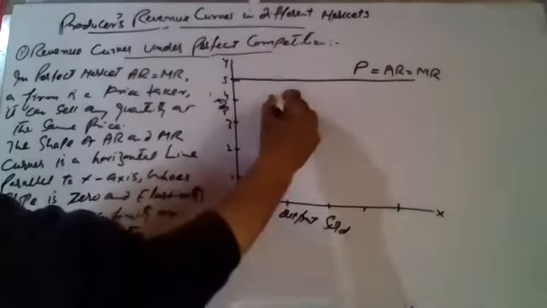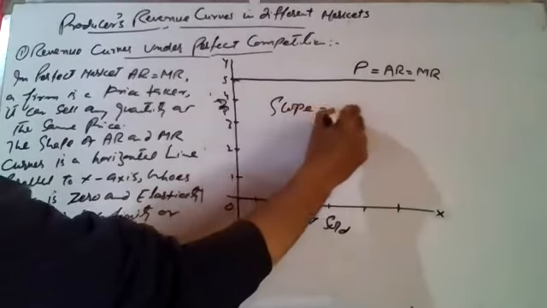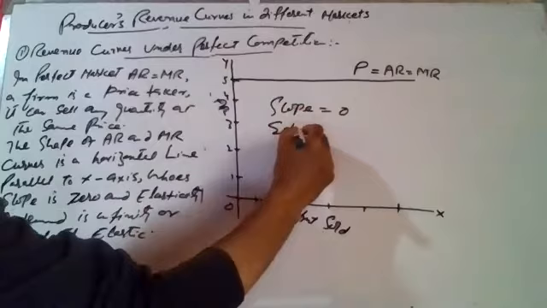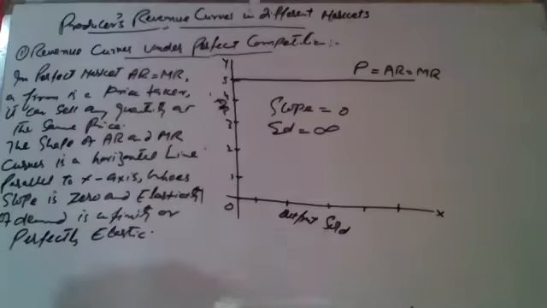So slope is zero and elasticity of demand is infinity, as we see from the table and diagram. Thus, the firm's AR and MR revenue curves are perfectly elastic under perfect competition.